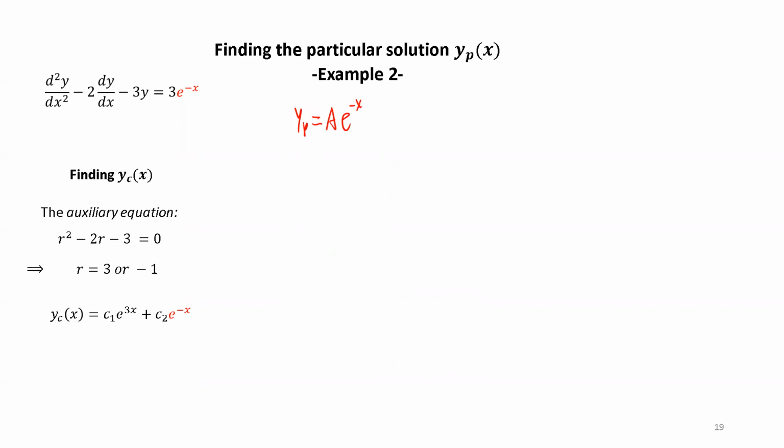Because that means you are assuming that your yp is linearly dependent with one of the solutions in your yc, right? Then that is not yp, because we require that the yp itself has to be linearly independent with this yc.